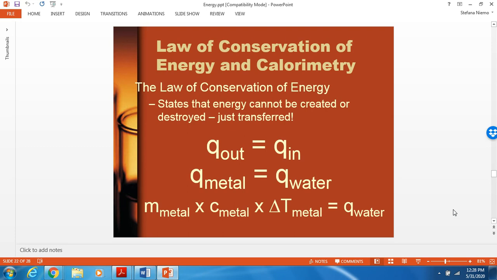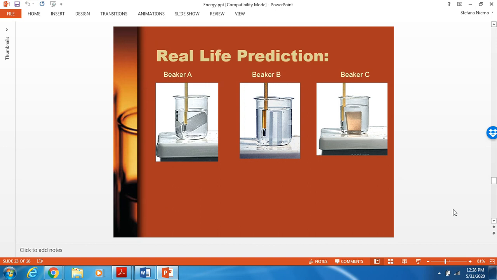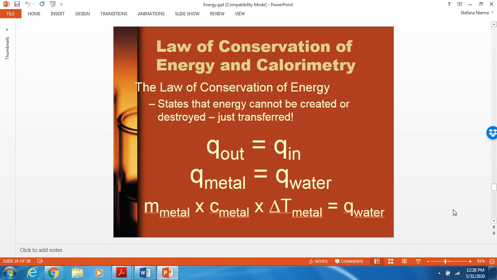We're going to do a little activity today where we investigate how the energy of a metal can transfer to the water around it. If you remember the notes we did before, we looked at an example like this and we all agreed that the heat energy from the hot metal would transfer to the water around it and therefore increase the temperature of the water. So the Q of the metal has to equal the Q of the water.